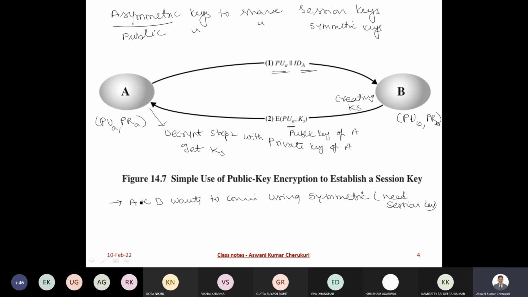Now, if you can recall, a few classes back we asked what is the use of the public key and what is the use of the symmetric key. I hope you recall. Once we completed the RSA algorithm, I asked you the complexity of the RSA algorithm and the complexity of the AES algorithm.